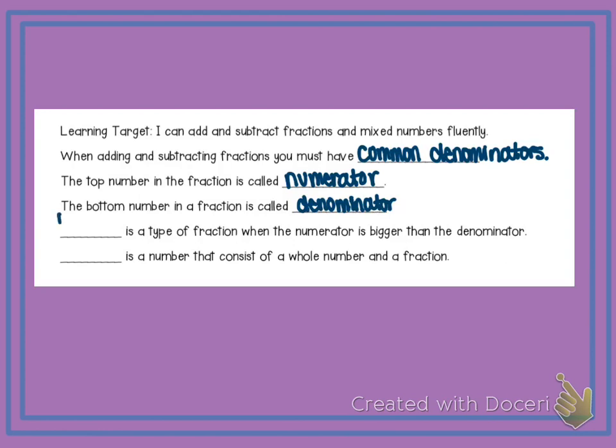That is called an improper fraction. And then finally, blank is a number that consists of a whole number and a fraction, and that's what we call a mixed number.